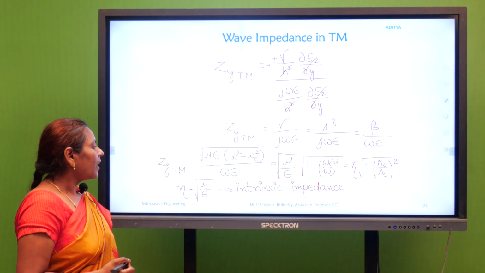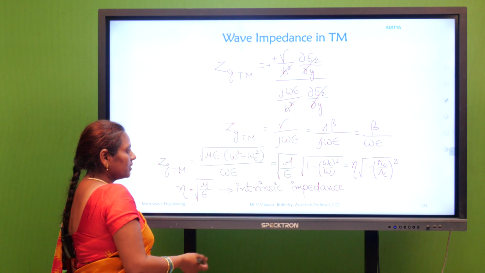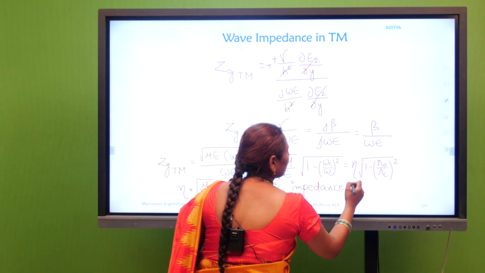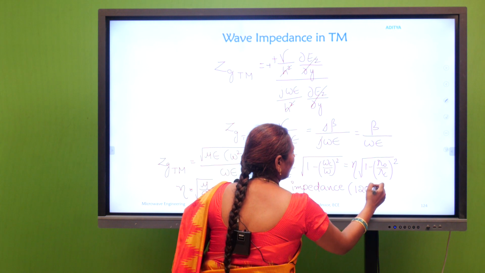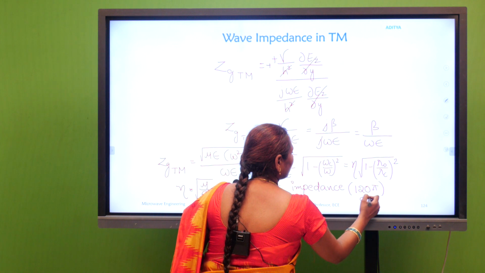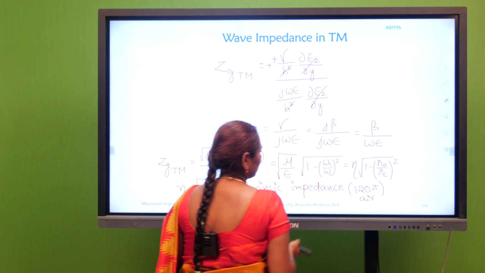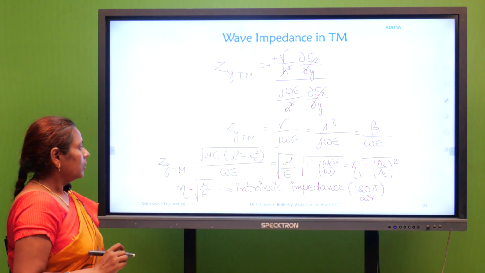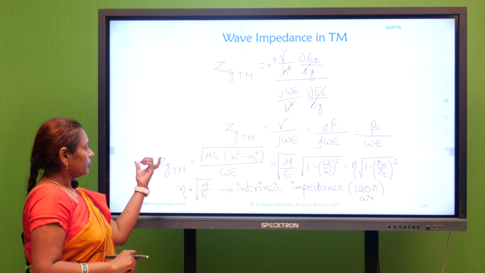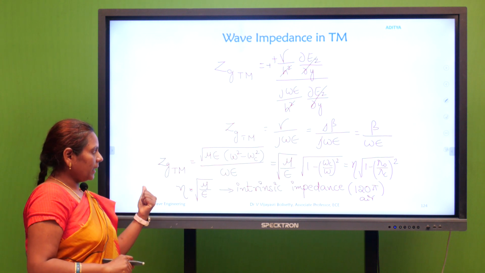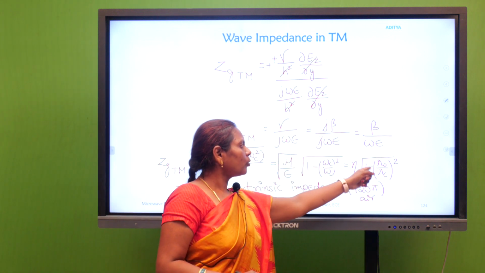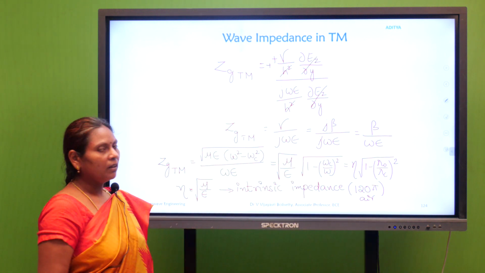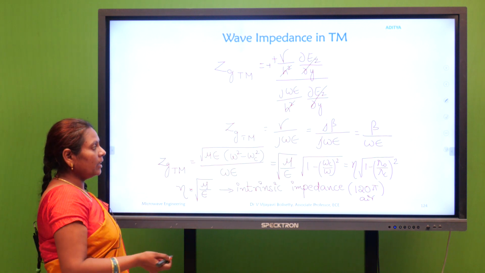And for free space, or for air, we can consider it as equal to 120 pi for air medium, or we call it free space. So, the guided wave impedance in TM mode is equal to eta root 1 minus lambda naught by lambda c whole square.